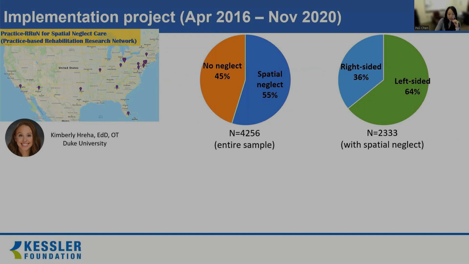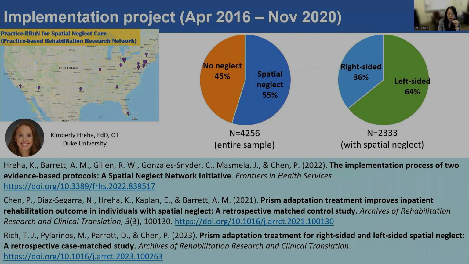In this project, we collected a lot of information, and based on it, we have published several papers already. This one, which we call the implementation process paper, documents how we completed this implementation project. You're welcome to take a look if your facilities want to implement Prism adaptation treatment.